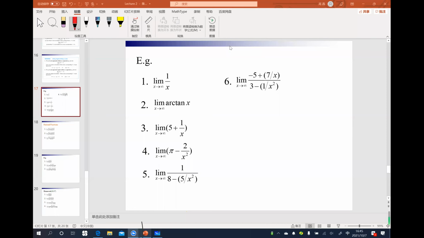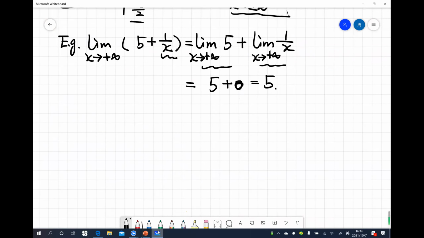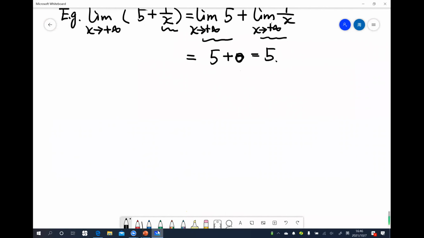The result of number 4, that is pi, right? Yes. So we can skip number 4. Okay. For question number 5, I write it here.